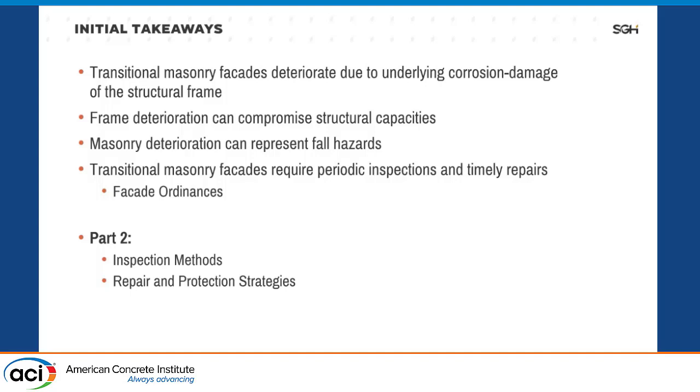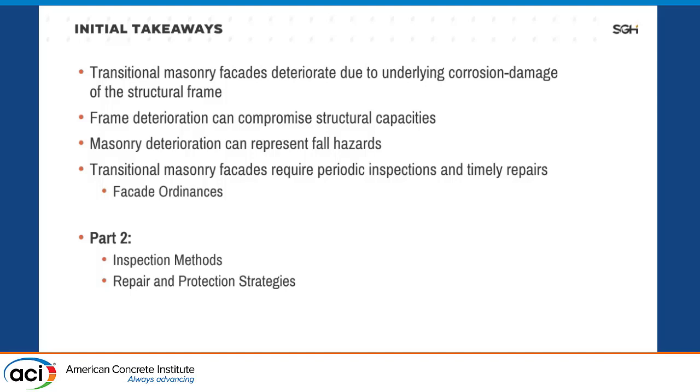So just before I finalize, a couple of takeaways. Traditional masonry facades deteriorate due to the corrosion damage of the structural frame. Could be a concrete frame, could be a steel frame. The deterioration of the frame can compromise structural capacity, the ability of the frame to carry the design loads or the gravity loads.